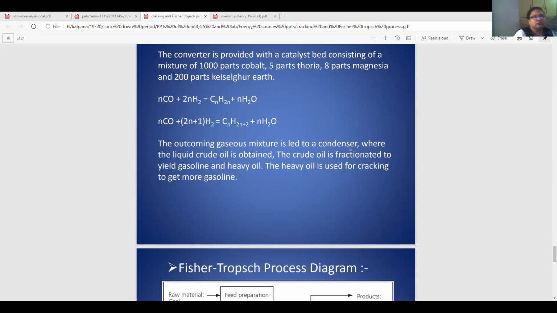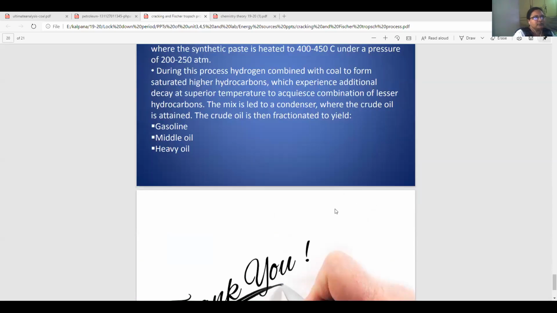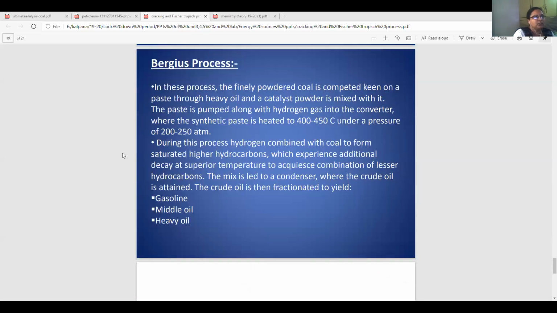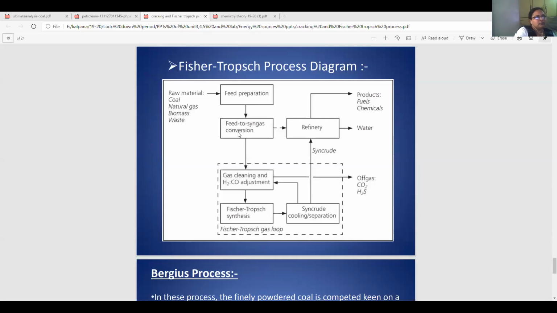Now you can see this diagram so that you can understand the Fischer-Tropsch process of synthetic petrol manufacturing.